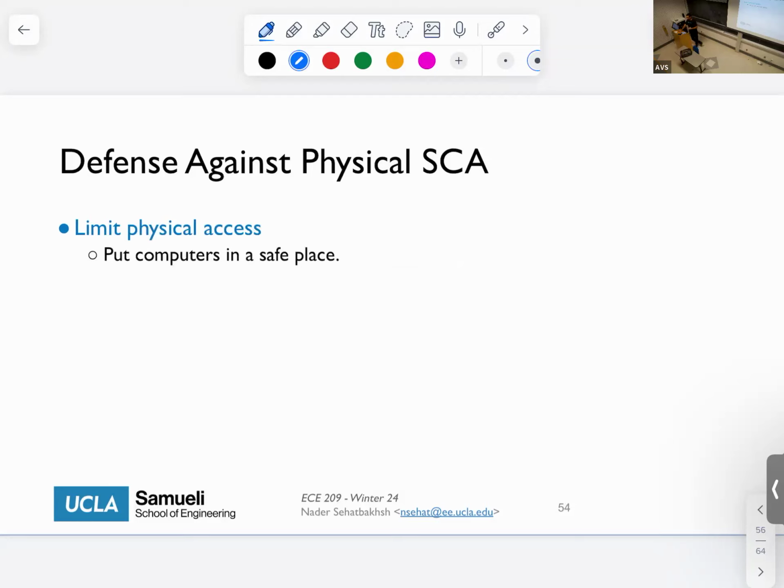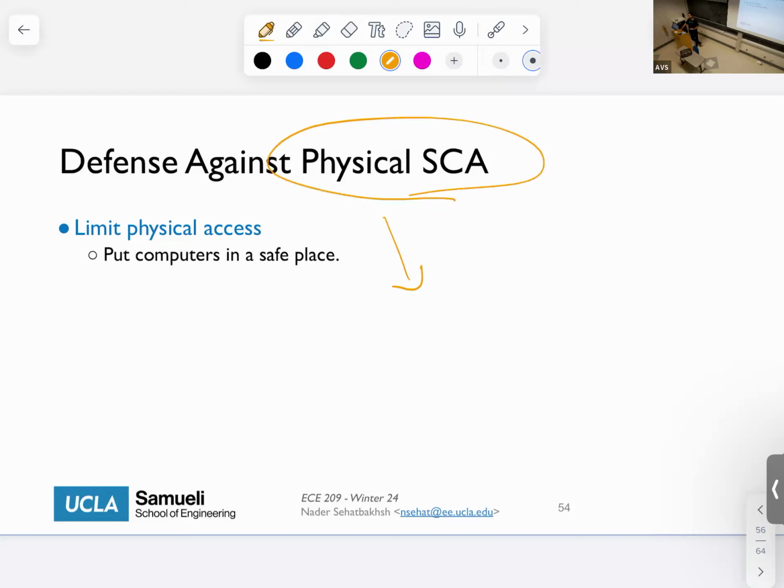Limiting the physical access, as your classmate suggests. If I put my computers in some safe place, then I'm good. If you remember, I said that one of the big challenges is that the trend we have with IoT devices is the opposite of this, right? We are moving toward more and more devices in more public places. That's why this problem of side channel attacks is being exacerbated.